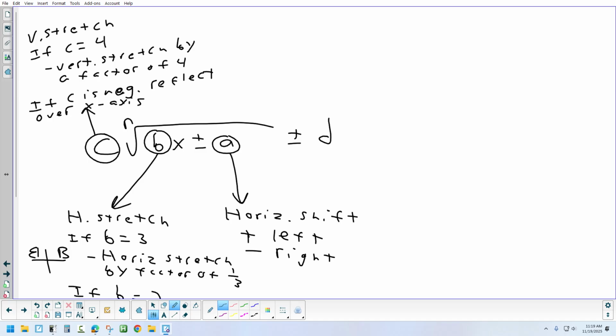Okay, so we've described shifting left and right, stretching left and right, reflecting left and right, stretching up and down, reflecting up and down. The last thing is the D. What is D going to do? Yeah, it's a vertical shift.